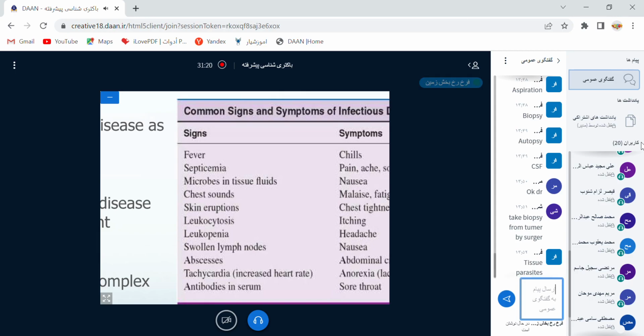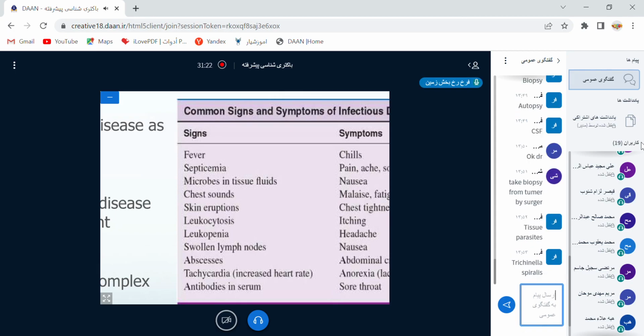Like what? For example, Trichinella spiralis is a tissue parasite. Leishmania tropica: if one person has Leishmania tropica, how can we find it?